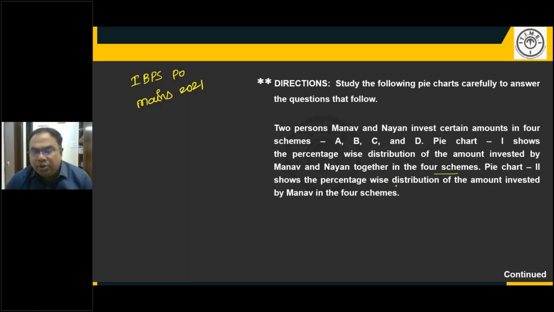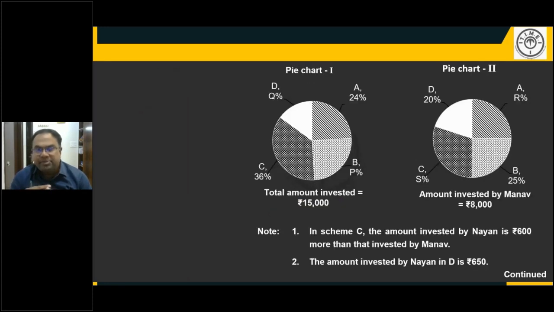Pie chart 2 shows the percentage-wise distribution of the amount invested by Manav in the 4 schemes. This is your 2021 IBPS PO Mains exam.